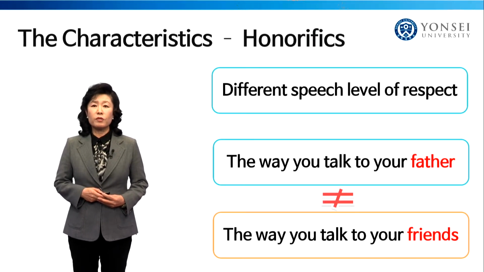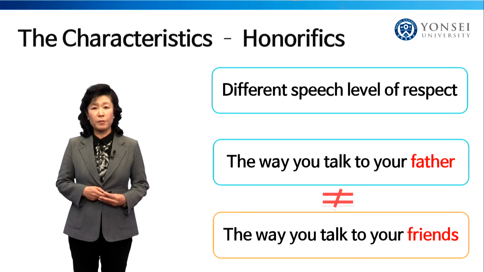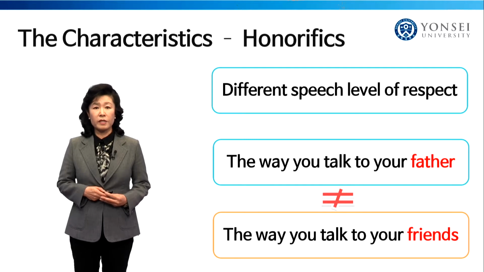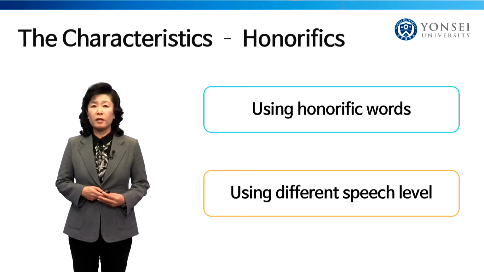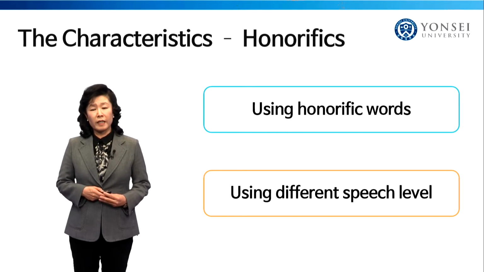Lastly, Korean is a language with honorifics. In using honorifics, there can be different speech levels of respect according to the person you are speaking with. The way you talk to your father is different from the way you talk to your friends or colleagues. For example, in English, you and your father would say good morning in the same way.